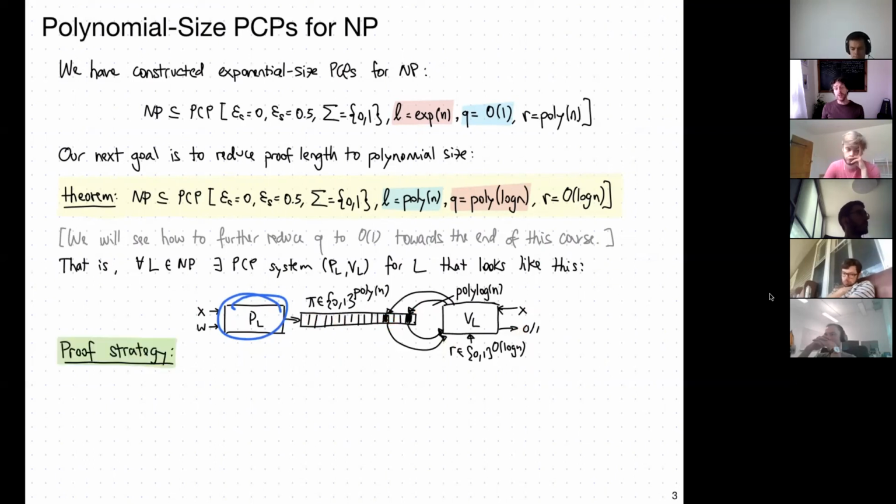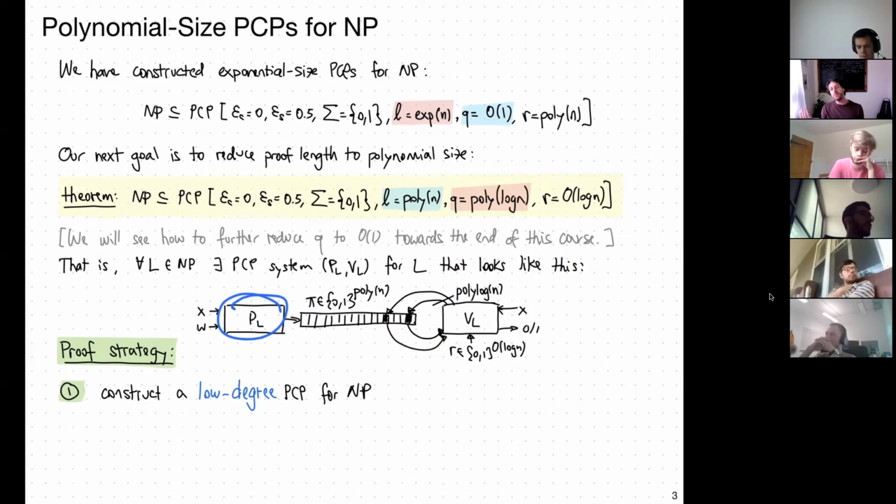And the proof strategy will mimic what happened yesterday. We'll start by constructing, instead of a linear PCP, which is a PCP that assumes linear structure, a low degree PCP, which is a PCP that assumes low degree polynomial structure. So we're just replacing linearity by low degree.